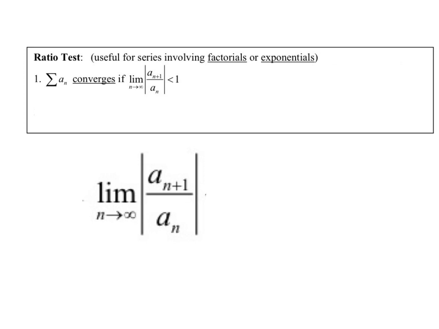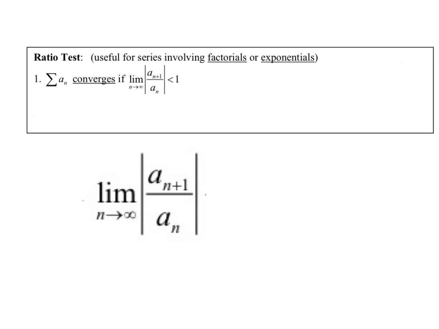What we're gonna be doing is taking the limit as n approaches infinity of the absolute value of the next term divided by the last term. So they're going to give us the problem. That's going to be the a sub n. What we're going to do is find the next term after it, which is the a sub n plus 1 term, and we're going to divide them.